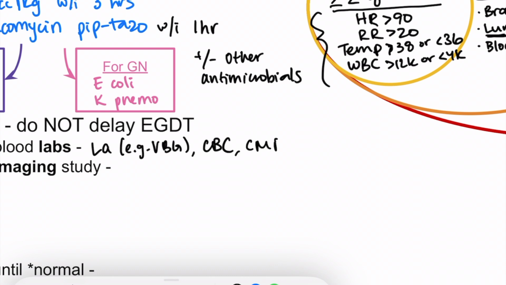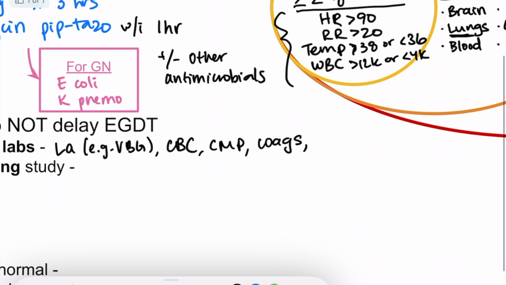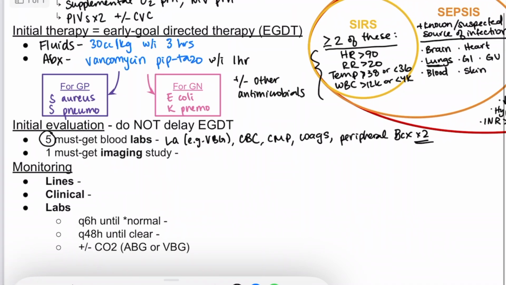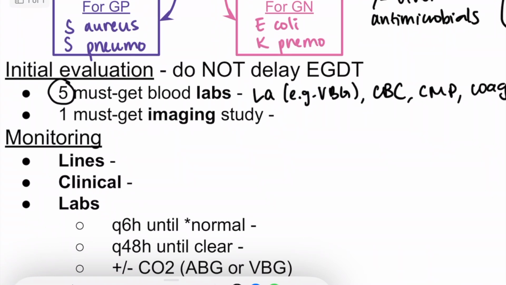We'll want a CMP, can clue us into LFT abnormalities, elevated creatinine concerning for kidney damage. We also want to get coags to tell us about coagulopathies. And then we want to get peripheral blood cultures times 2. Those will help us to identify bugs and narrow antibiotics accordingly.